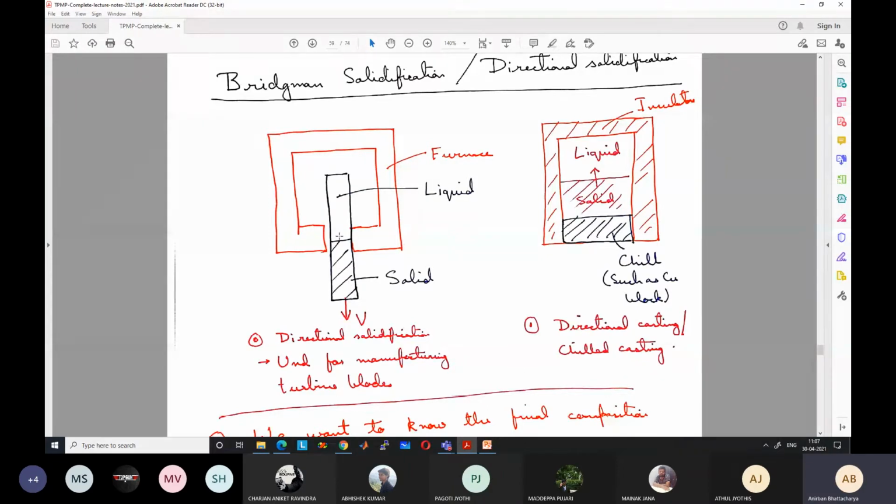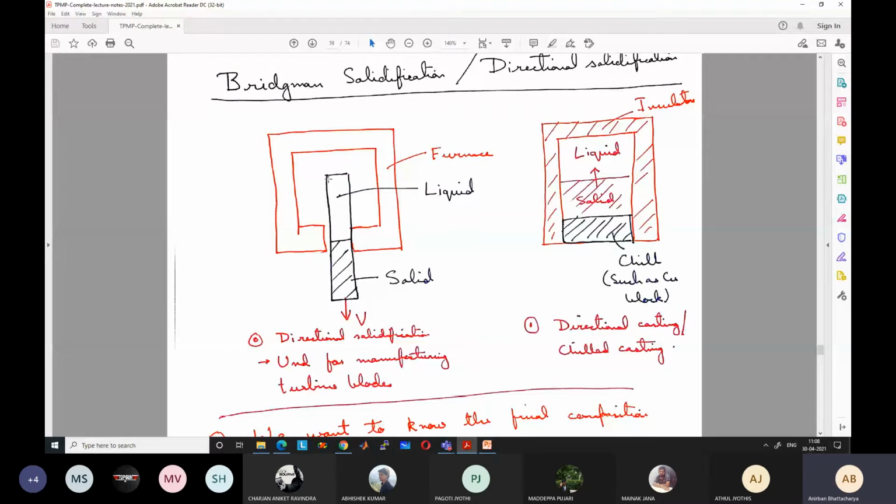So whatever initial grains are formed continue to grow, and we get long elongated grains which have no grain boundaries along the longitudinal direction. I will show you some examples. By using this process, we get much superior creep resistance for turbine blades. So turbine blades are manufactured like this.